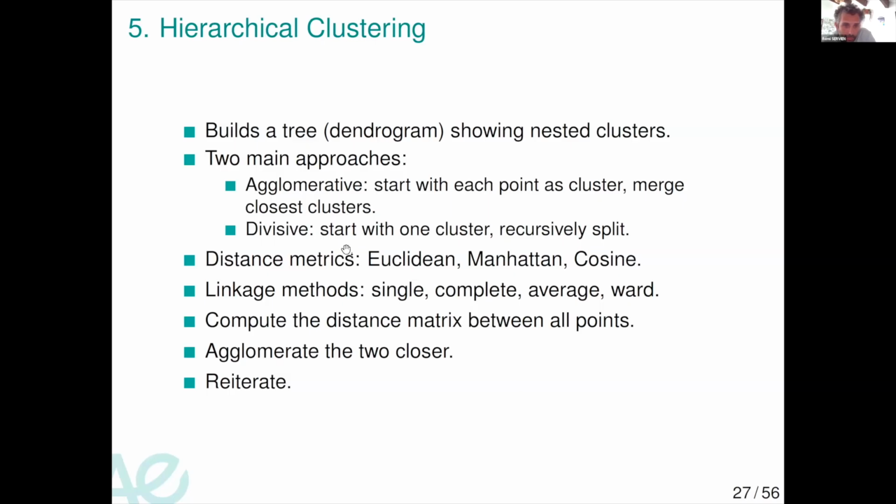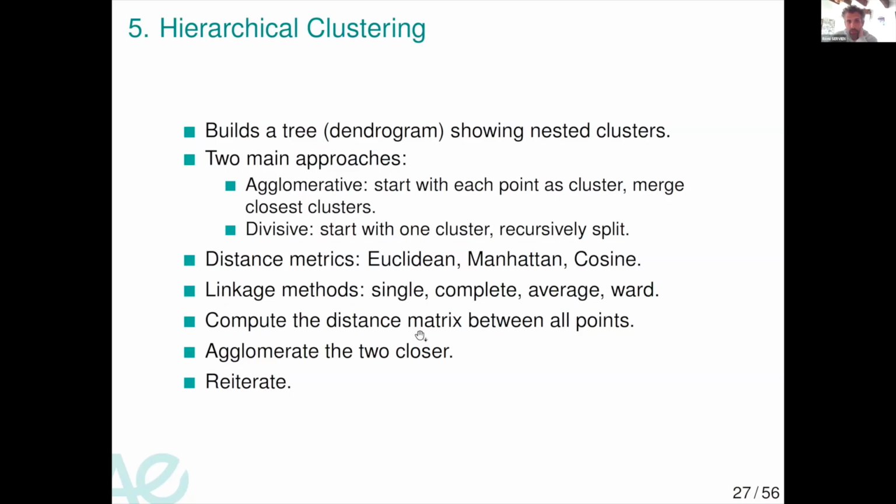And divisive, which is the opposite: you start with only one cluster and you split it point by point. You have to choose the distance matrix and the linkage method, but you can choose the classical Euclidean distance and a single linkage method. You compute at each step the distance matrix between all points, you agglomerate the two that are the closest, and you reiterate until the end.